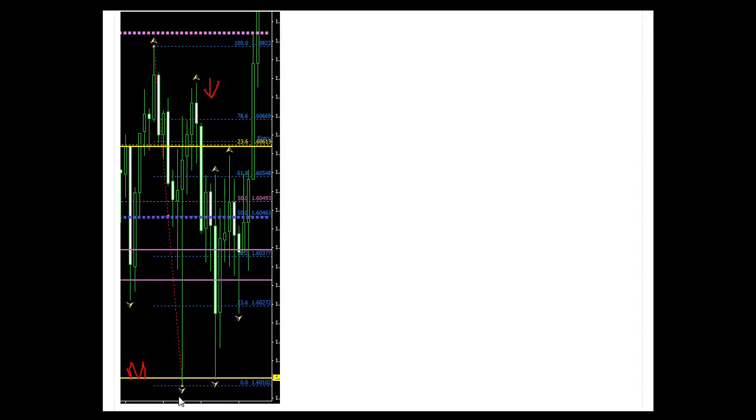I ran fibs from this low to this high, and you'll note that the optimal trade entry came in on this candle here, and also the secondary, if you use this low to this high, gave you a secondary optimal trade entry that overlapped in the same price level, and that was the long entry I used to go long after taking the first stop loss.